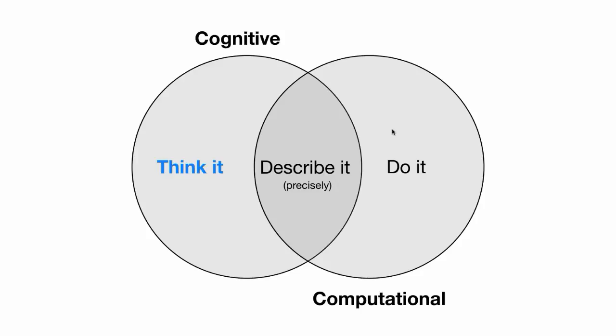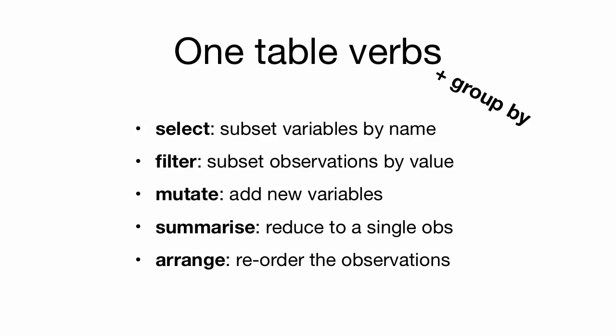And so the first way dplyr makes your life easier as a data analyst is it helps you think about the problem of data manipulation. And it does that in a slightly surprising way. It does that by restricting you, by saying there's actually really only 5 verbs you need for the vast majority of your data manipulation challenges. And if you combine those 5 verbs with a group by operation, that's going to solve most of your problems.